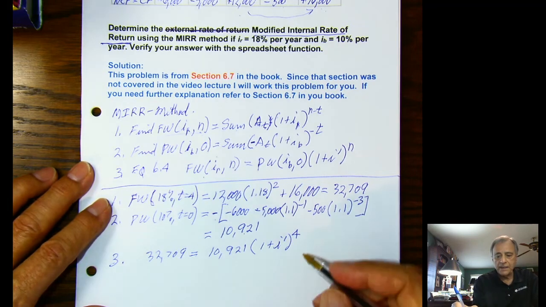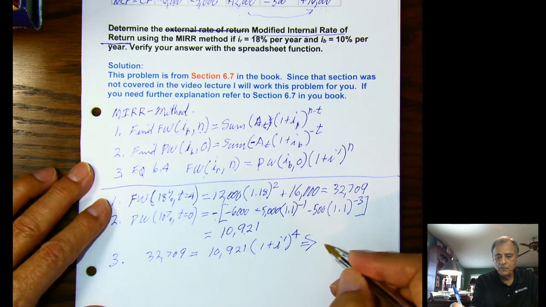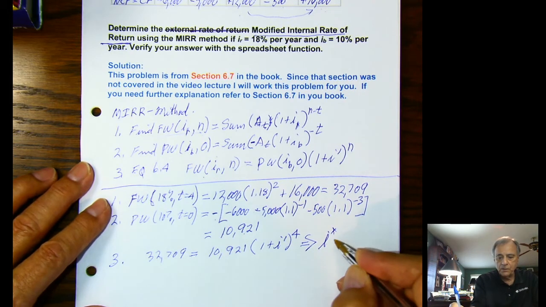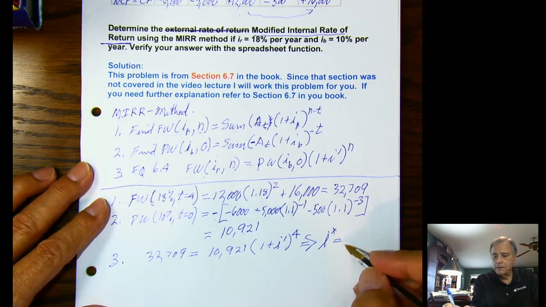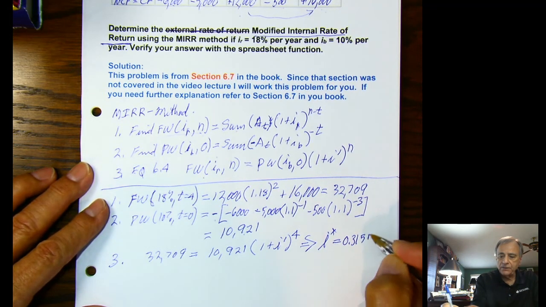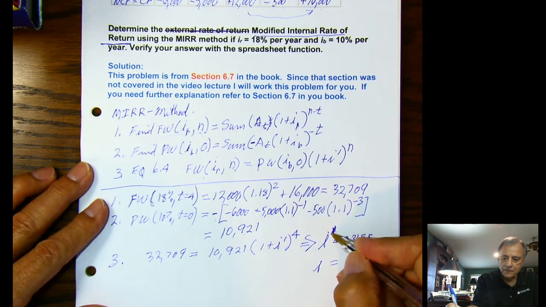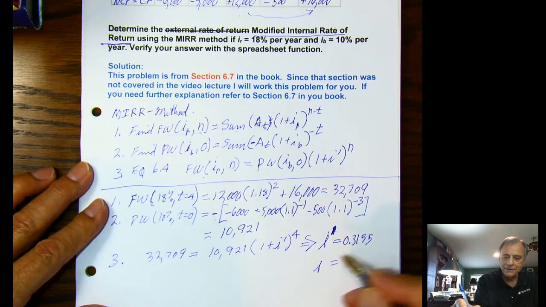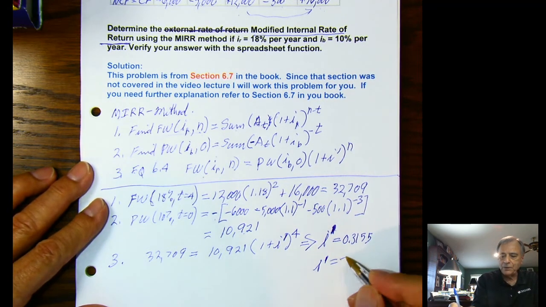And what I got for the I prime would be equal to 0.3155, or 31.55%.